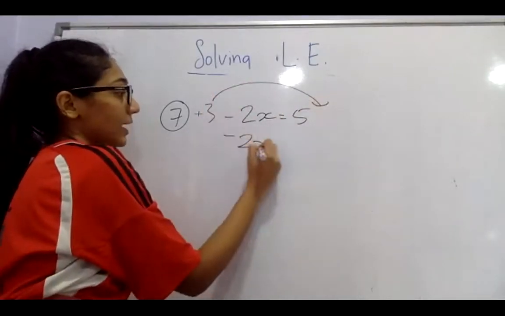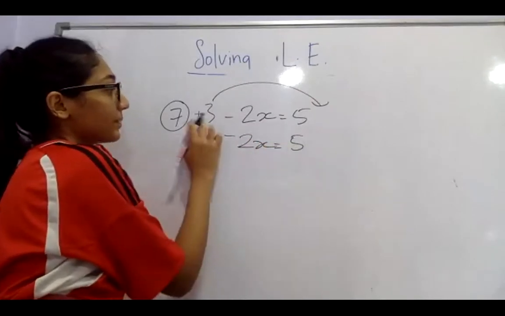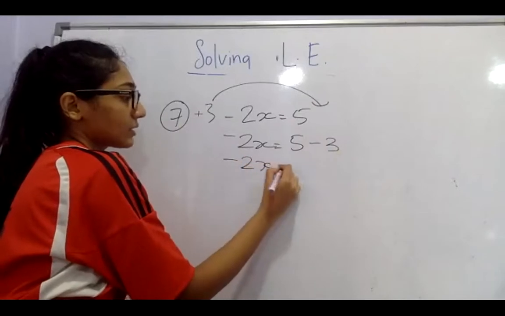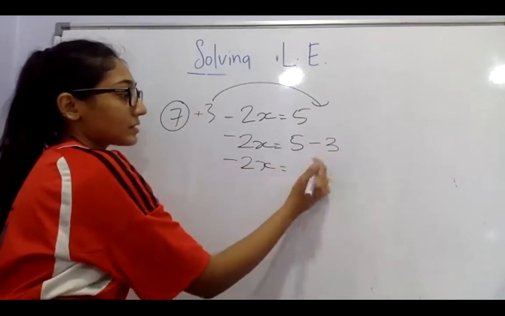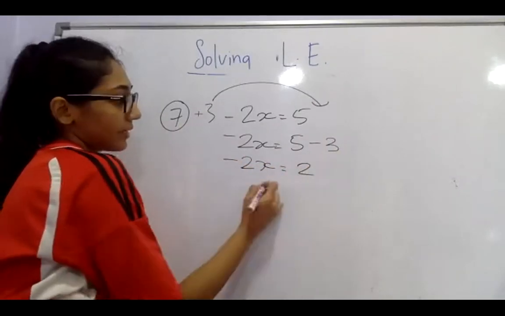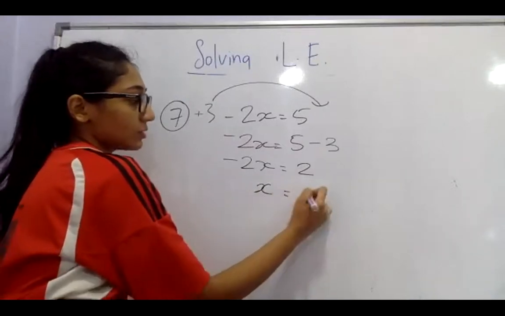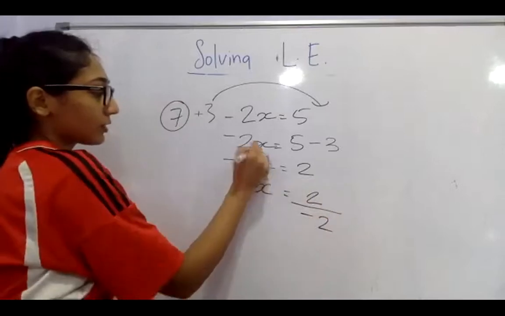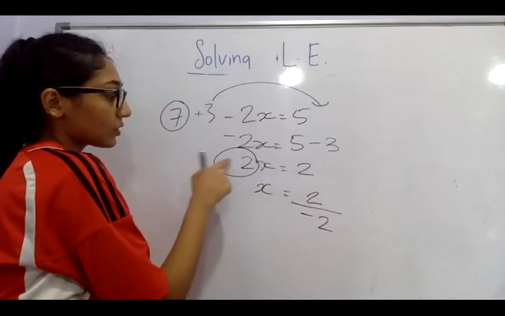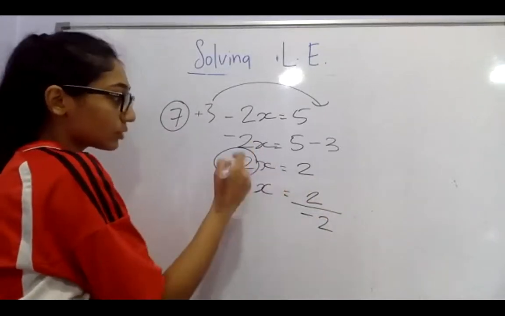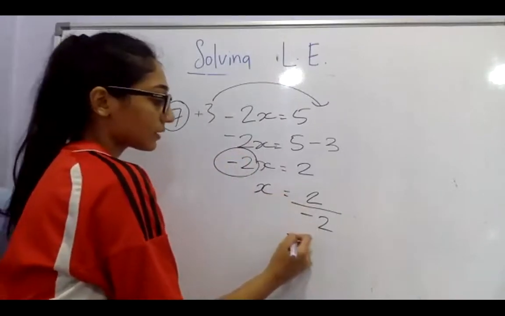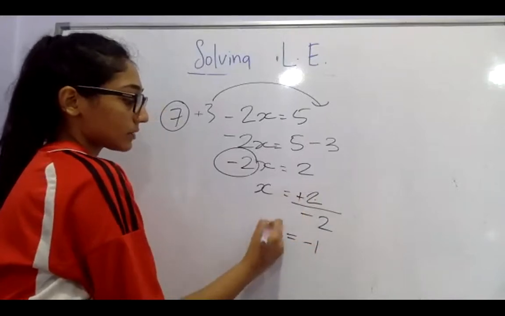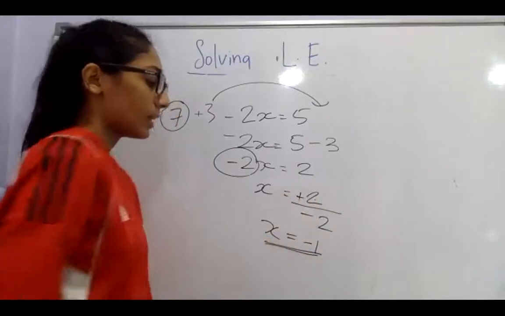So minus 2x equals to 5 minus 3. I leave the negative 2 here, negative 2x. 5 minus 3 is 2. And then x equals to 2 divide by negative 2, because now the 2 has a negative. If it was just no negative, it means 2 divide 2. But now got negative. So 2 divide negative 2. 2 divide 2 is 1. Positive and negative is negative. So x equals to negative 1.